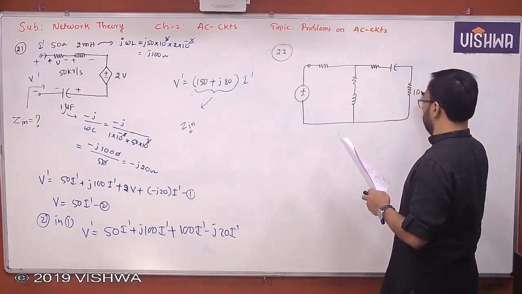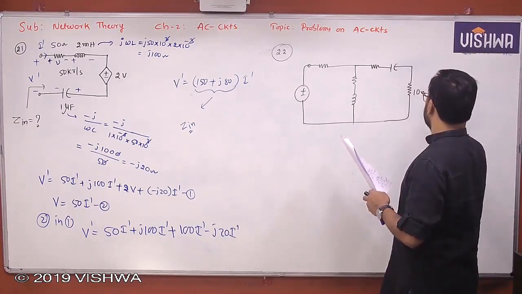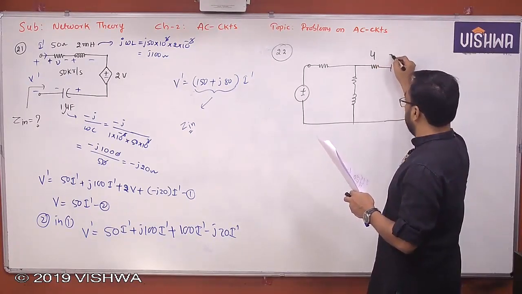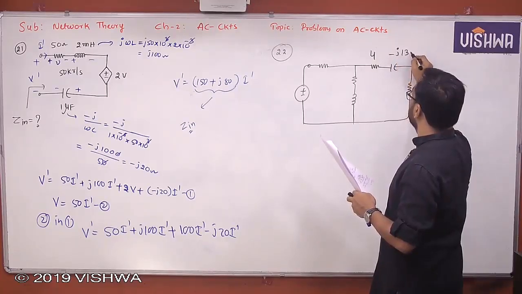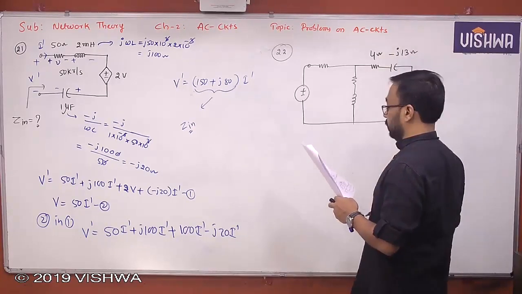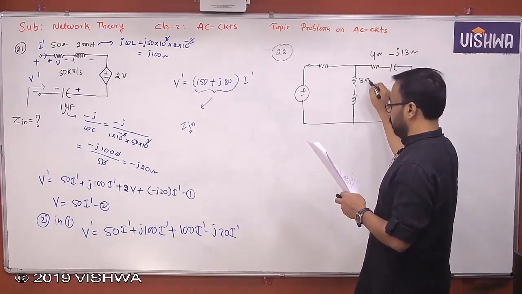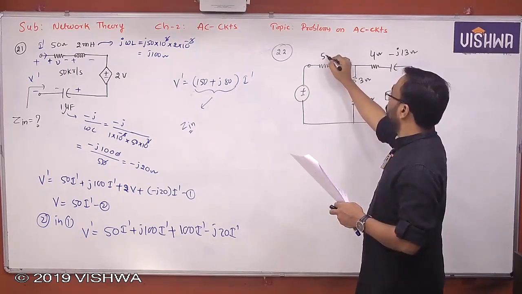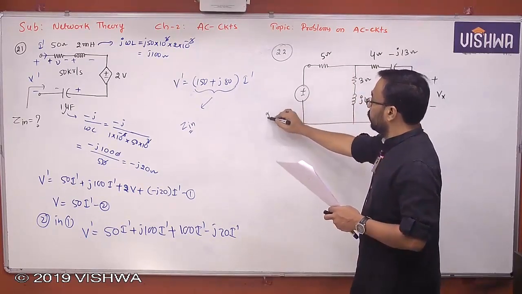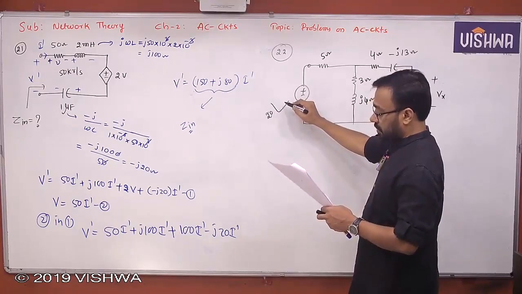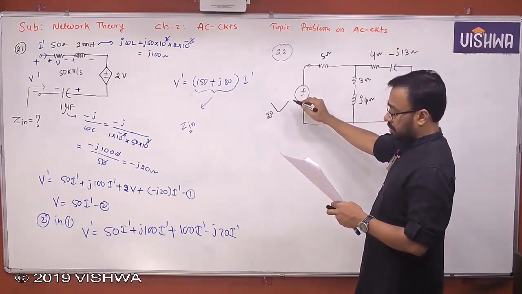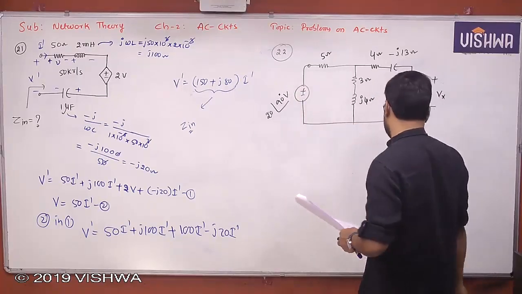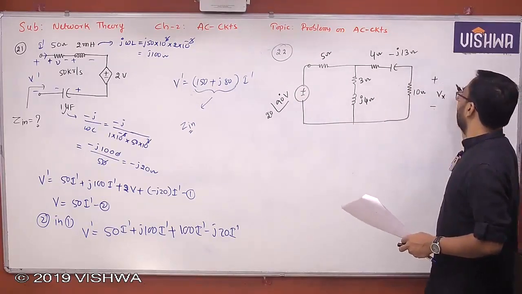This is 10 ohm with plus minus Vx, 4 minus j13 ohm, and this is 3 ohm, j4 ohm, 5 ohm, and the source is 20 at an angle of 90 degrees volts. So we are just asked for the Vx value.